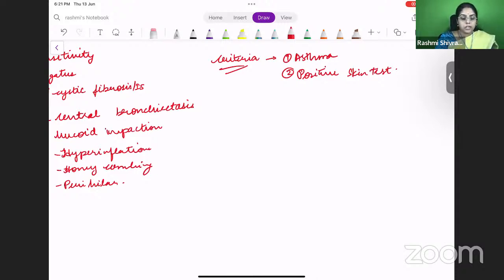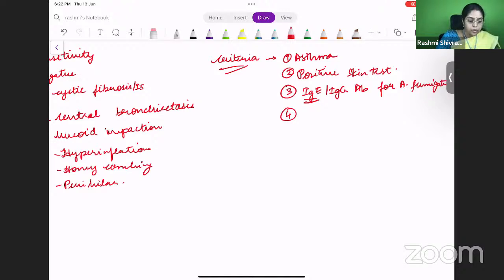Third, the patient should have IgE or IgG antibodies for Aspergillus fumigatus. Mainly it is IgE, because it's a hypersensitivity reaction.